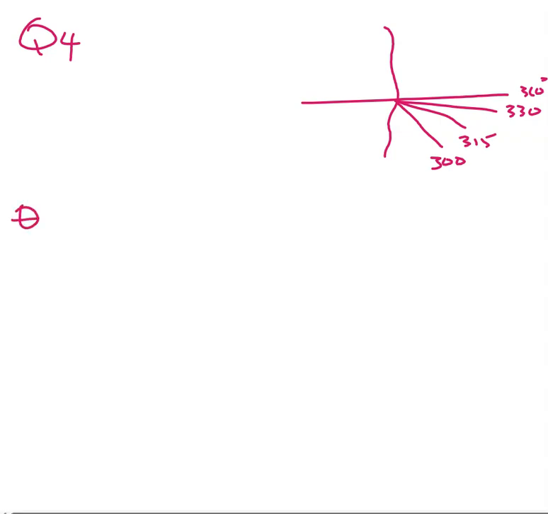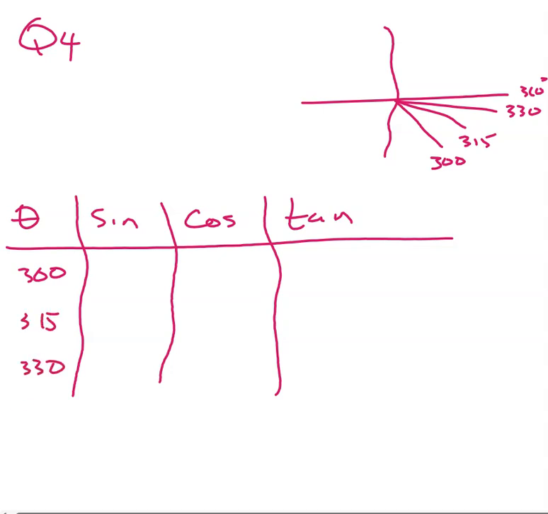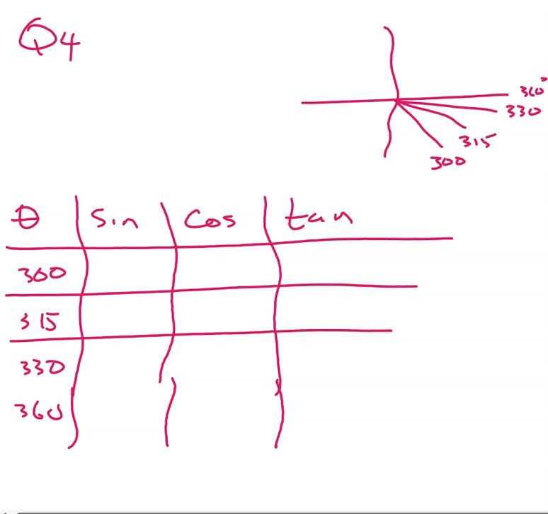So we have theta, sine, cosine, tangent. So we have 300, 315, 330, and 360. So now we're going to go ahead and figure out the values of sine, cosine, tangent.